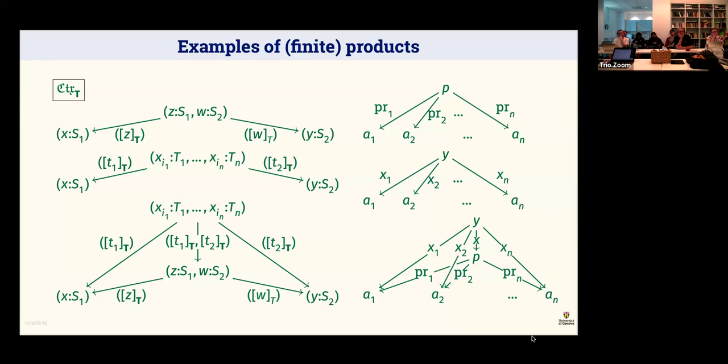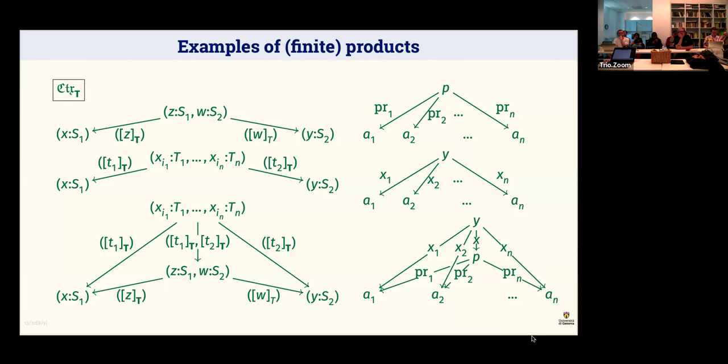And it goes by addition all the time. To check that given any context, any appropriate list of variables with given sorts, and given any other diagram with two arrows in the category of contexts. So what is this?